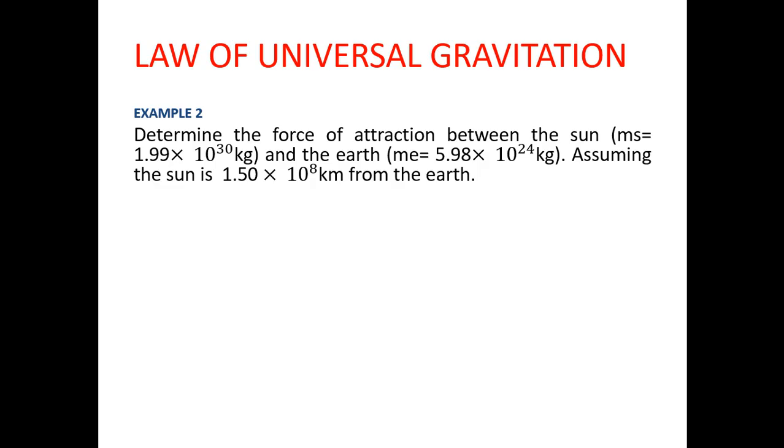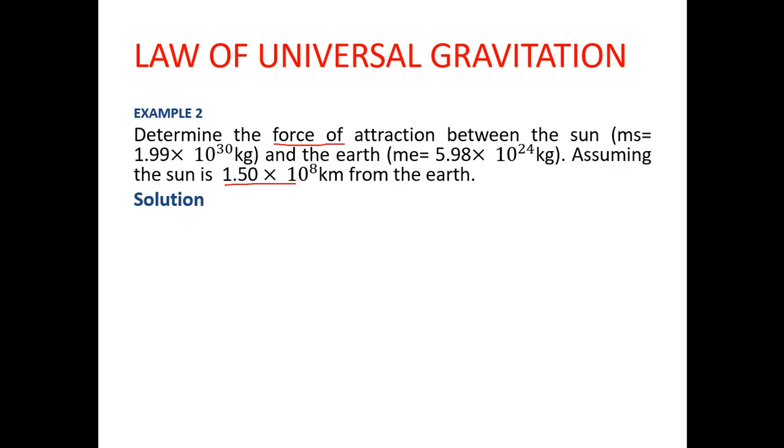So we are asked to find the force of attraction, which is a direct question, and we are given the mass of the sun, the mass of the earth, and the radius. But the constant G is not given. You should know what the constant is, because it will still be the same value.